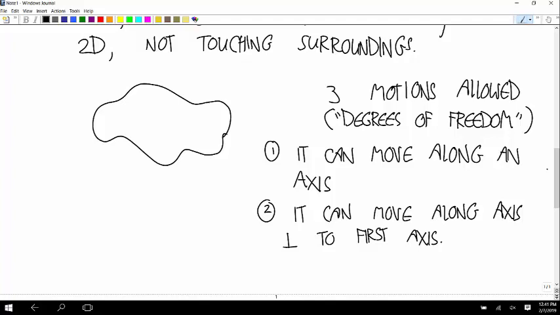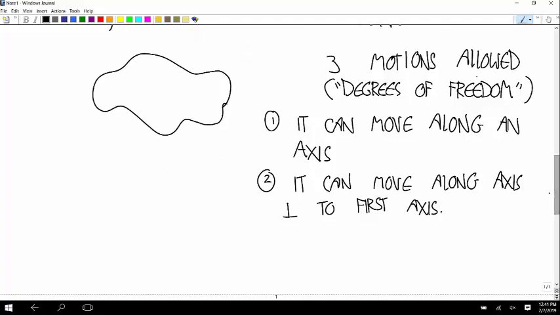Okay, but we haven't talked yet about this thing changing orientation, and it can change orientation. So it can rotate in the plane.